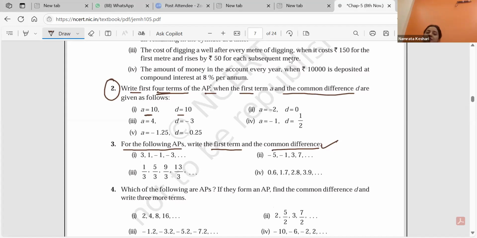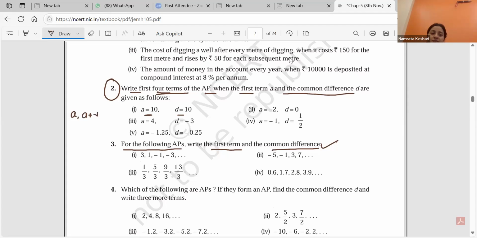Even if your common difference is negative or 0, you will be able to use the same pattern: A plus D, A plus 2D, A plus 3D. You just have to apply the integer chapter concepts for the simplification. Let's do the first one. Our first term is 10 and the common difference is 10. You have to create the first 4 terms.